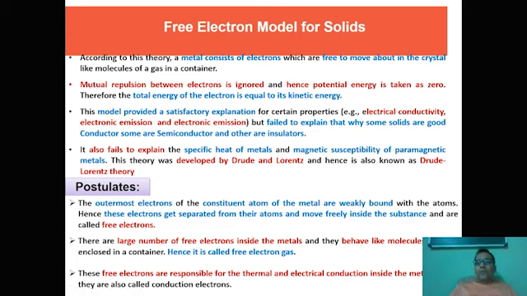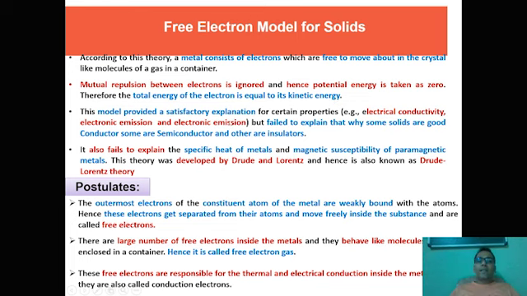Now the free electron model for solids, and we will use the same model for semiconductors also. According to this model, the metal consists of electrons which are free to move about the crystal, like molecules of gas in a container. Mutual repulsion between electrons is ignored, and hence potential energy is taken as zero, so the total energy of an electron is equal to its kinetic energy.